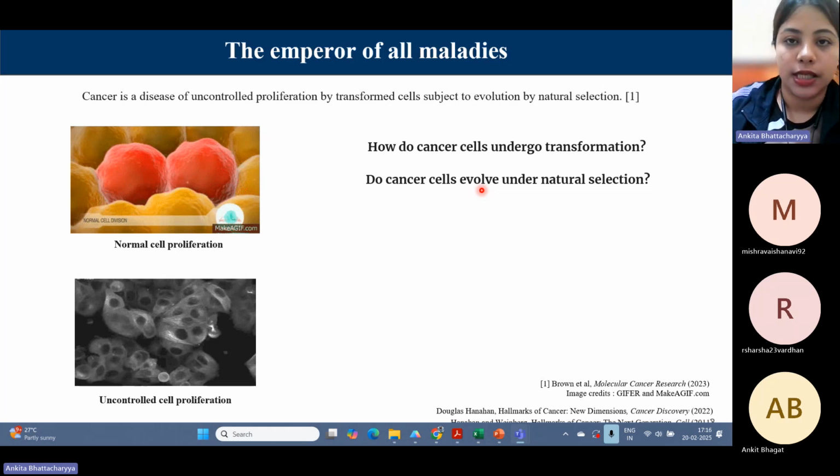Now, what happens is that over time, because cancer cells are undergoing proliferation in a very haphazard, uncontrolled manner, out of the entire population of tumor cells, there might be some cells which have modified themselves in a way which allows them to survive in that condition. Despite the fact that the patient is being treated with that drug, these cells have figured out a way to withstand it, and now they're able to survive even better.